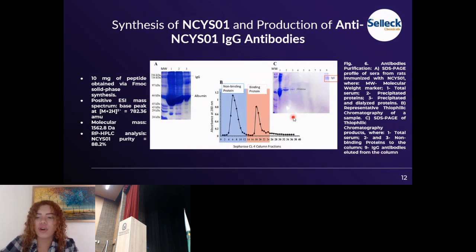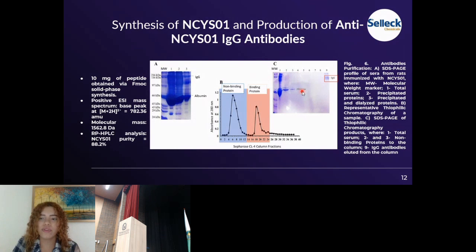6A corresponds to the electrophoretic profile of the sera of the rats immunized with the peptide. In this case, the concentrations of total proteins in the immunized group were around 6.13 and 40.99 milligrams per milliliter, while in the control rat it was around 25.9 milligrams per milliliter. Additionally, figures 6B and 6C show the purification process of the IgG polyclonal antibodies.